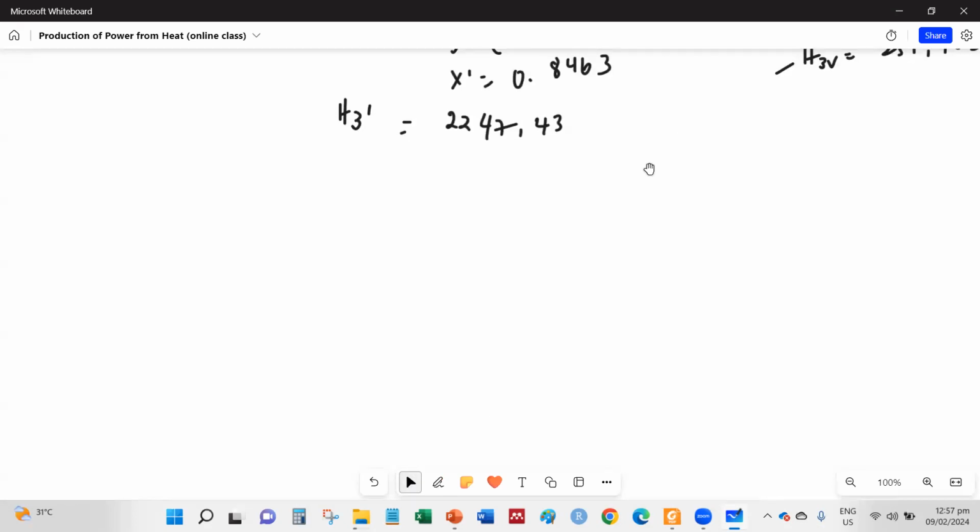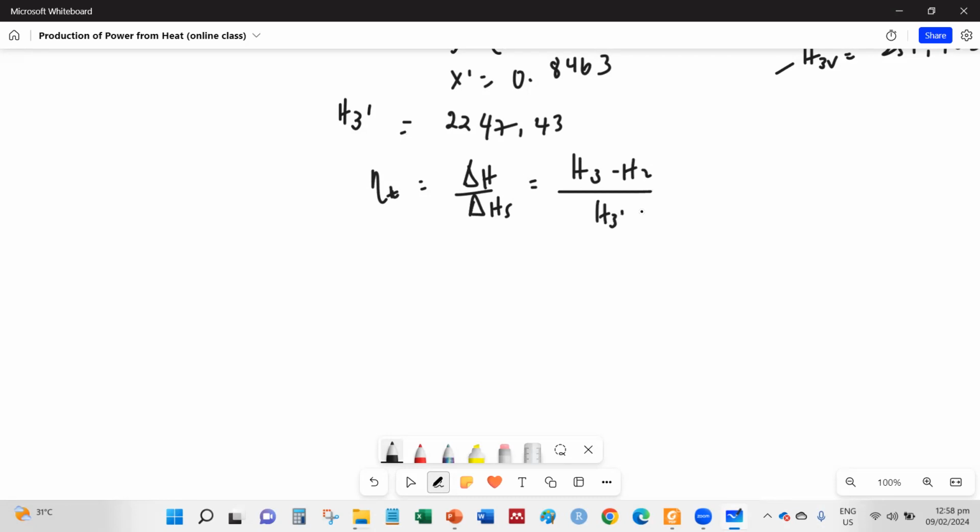And then we use the efficiency of the turbine to calculate the actual. The efficiency of the turbine is the actual delta H over delta HS, with the actual as the lower value. So this is H3 minus H2 over H3 prime minus H2.